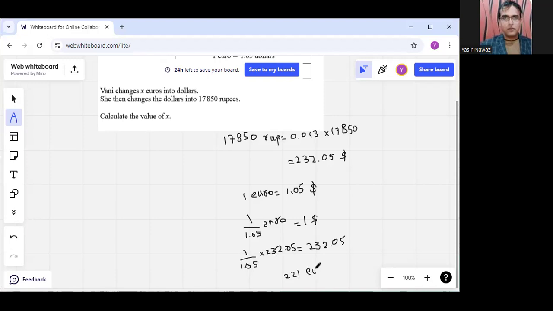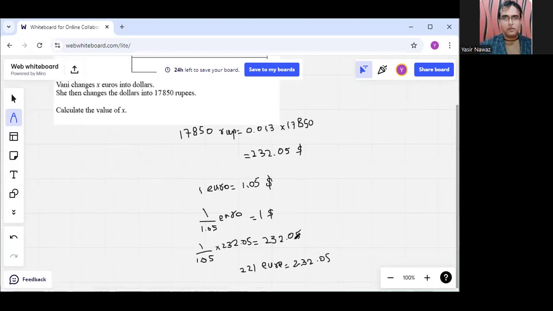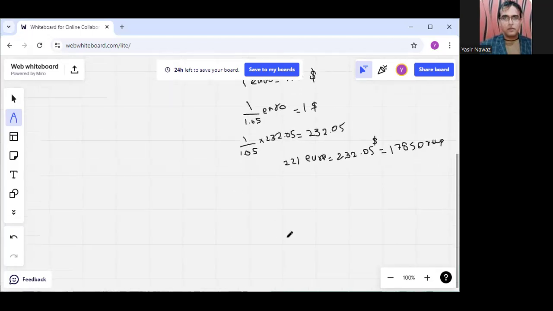These are the euro, which equal 232.05 dollars, and that equals 17850 rupees. So rupees are converted to dollars, and then dollars are converted into euro. So it's 221 euro.